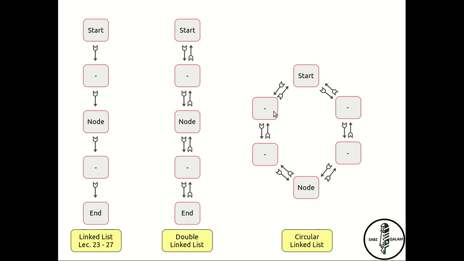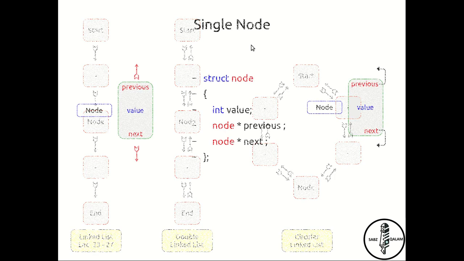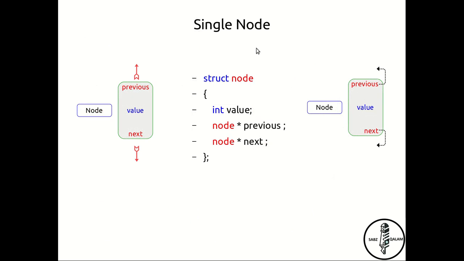A circular linked list is more appropriate for periodic elements like a timetable, for instance. Now, for every single node, whether it's a double linked list or a circular linked list, it has the same definition.